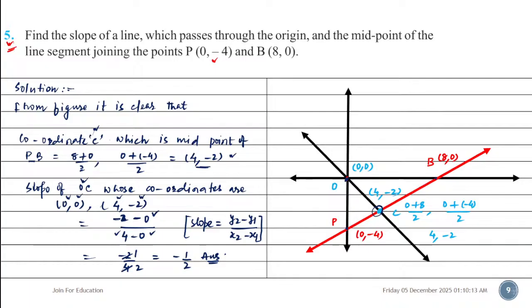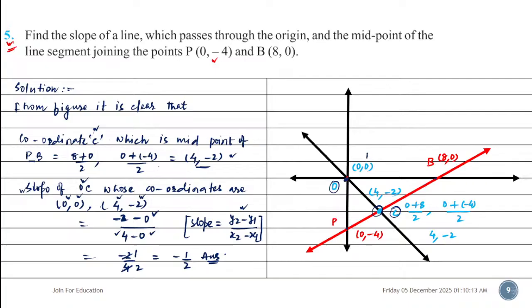We recall the formula x1 plus x2 by 2 and y1 plus y2 by 2 to find out the coordinate of the midpoint. And slope of OC, this is the O and this is the C. So slope of OC, we recall this formula y2 minus y1 by x2 minus x1.